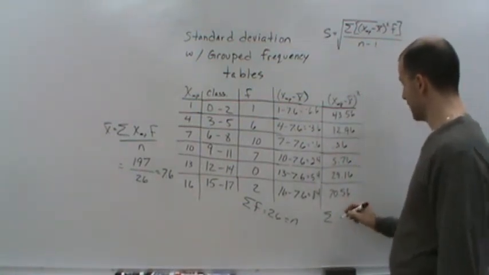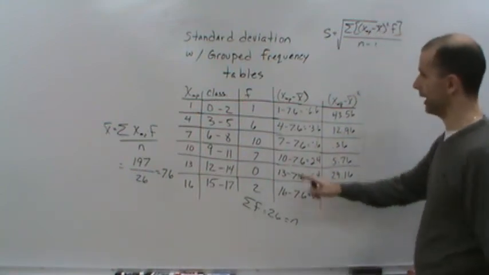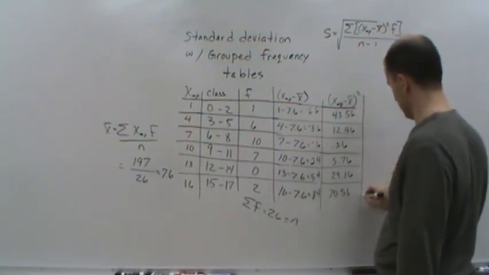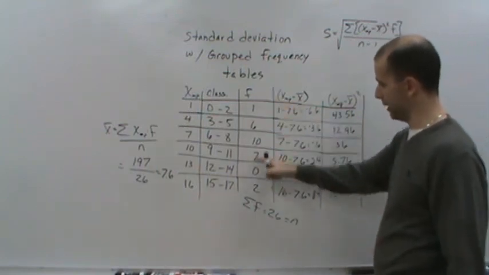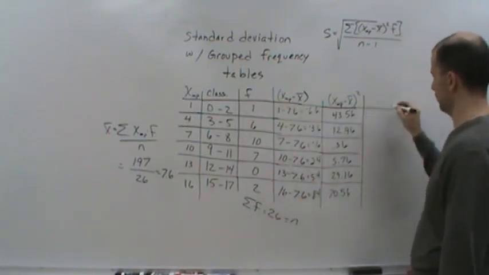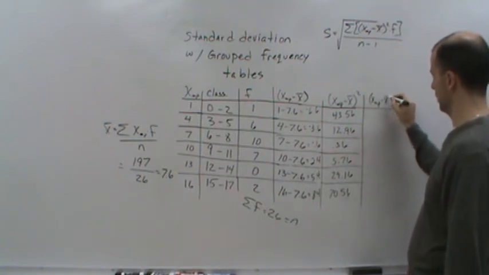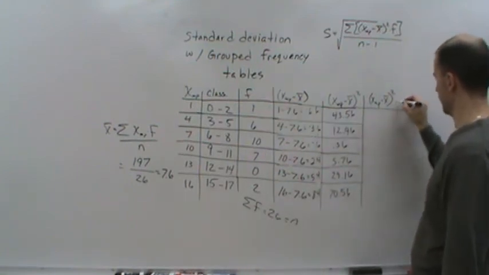So sum, oh no, hold on a second. Nope, not yet. Remember I have to multiply by the frequency. So now I'm going to take these values multiplied by the frequencies and then I'll sum. I'm just going to take this column and multiply by this column, by the frequencies.